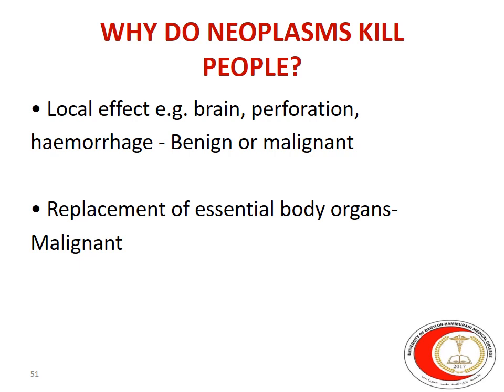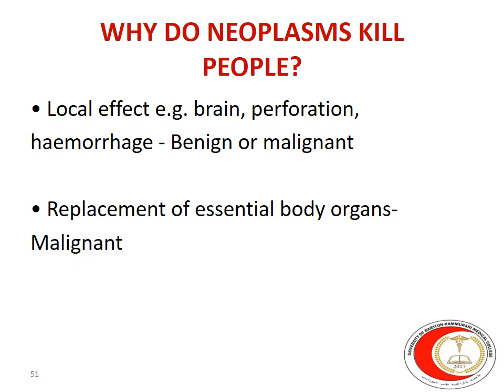So why do neoplasms kill people? Simply, it's due to local effects, like in the brain, where a tumor can press on a center in the brain and cause death, or perforation in certain sites like the intestine and colon, or hemorrhage.